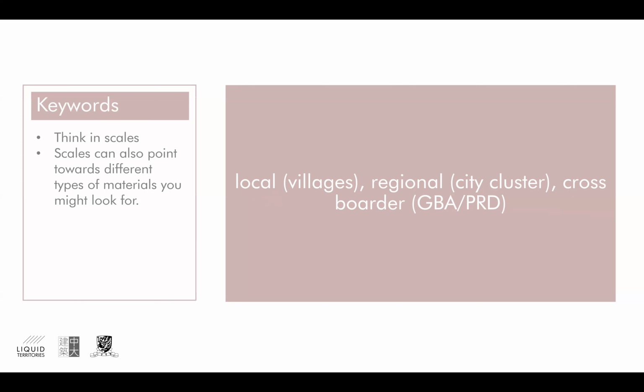Regional, such as city clusters, like the industrial integration between Dongguan, Shenzhen, and Guangzhou, or cross-border collaboration covering, for example, the 2018 policy of the strategy of Greater Bay Area, such as policy coordination and transport links between Macau, Zhuhai, and Hong Kong.